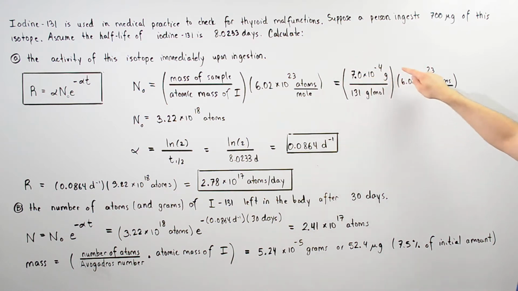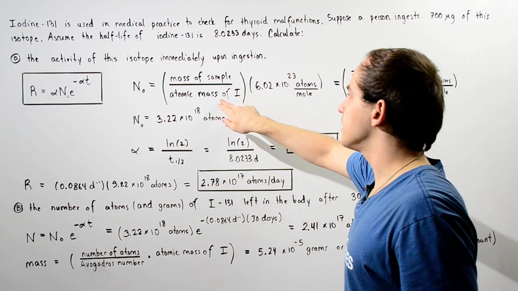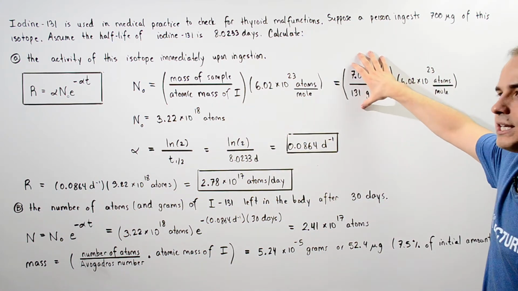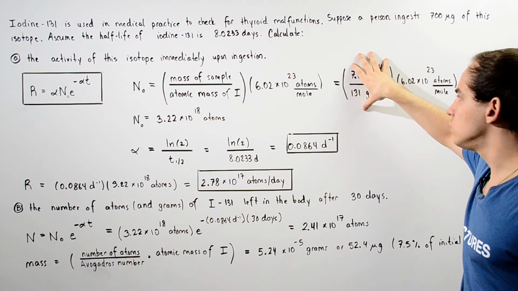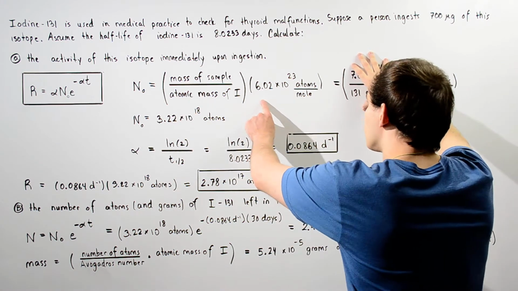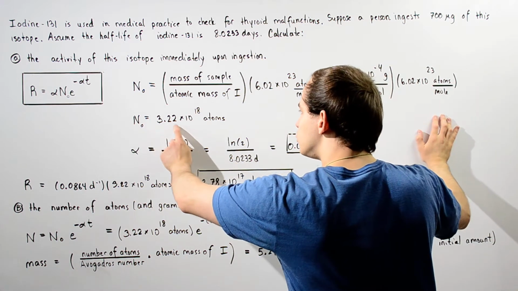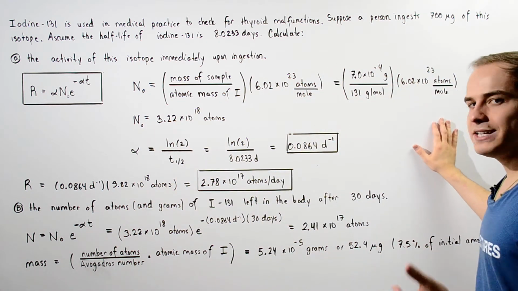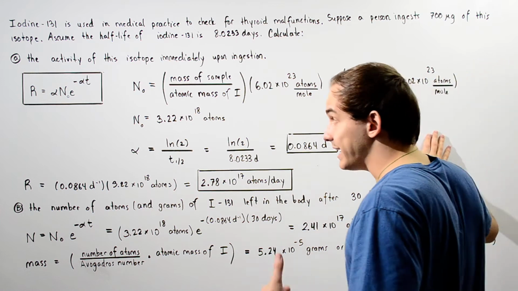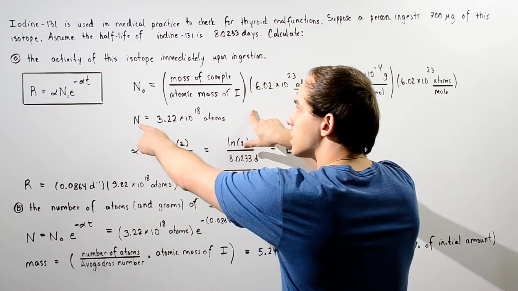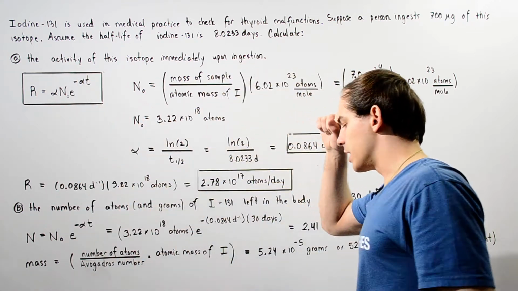We divide this by the atomic mass, 131 grams per mole, and we get the number of moles. We multiply that by Avogadro's number, the moles cancel, and we're left with 3.22 times 10 to the 18 atoms. So initially, the patient ingests this many atoms of iodine-131.